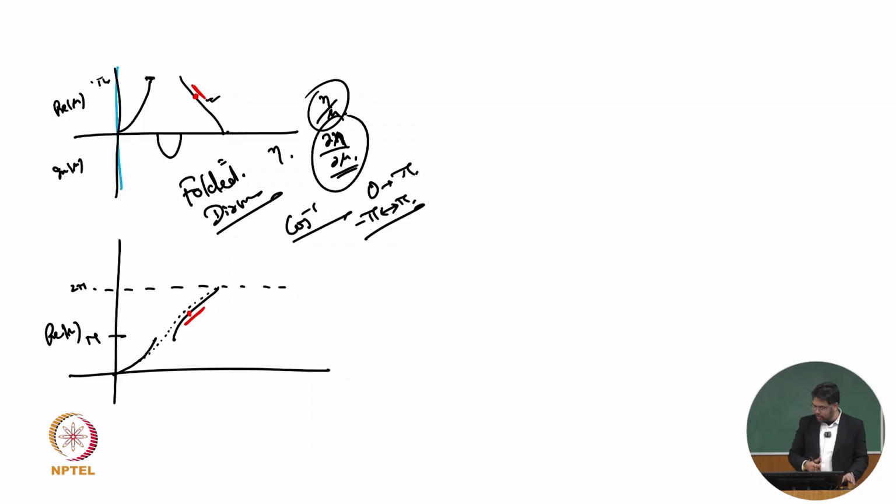So in this case, how should the group and phase velocity look? Phase velocity will come with some value, it will go down, and then again it will have some value and go down. That is how the phase velocity will work. And group velocity will go like this.